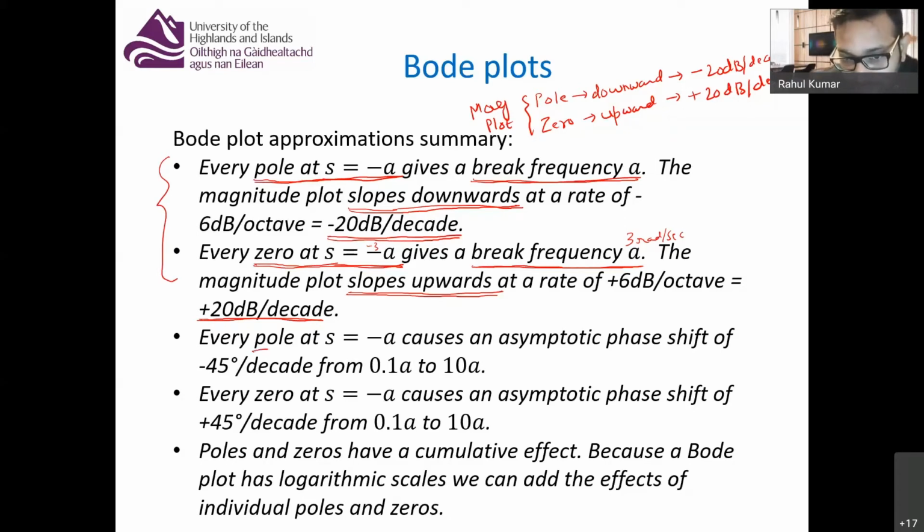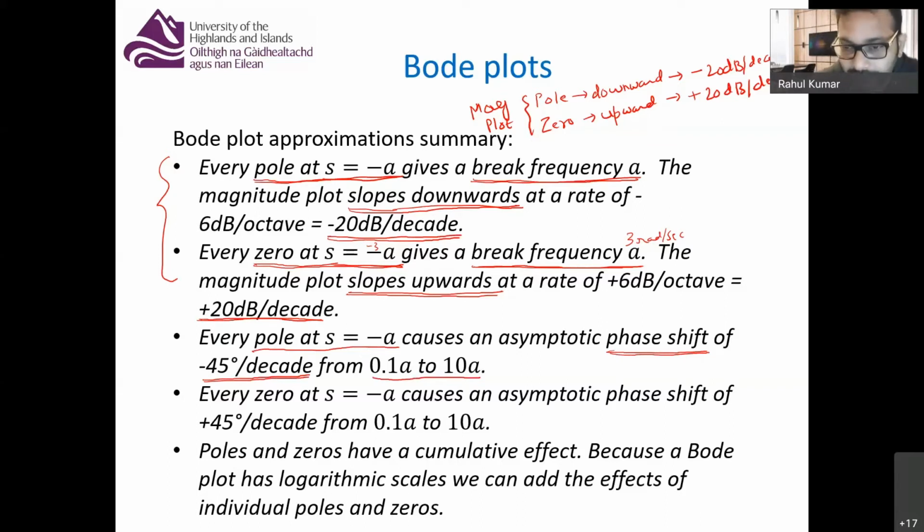If you have a pole at s equals minus a, this will cause an asymptotic phase shift of minus 45 degrees per decade. Its effect will start from 0.1a and go to 10a.